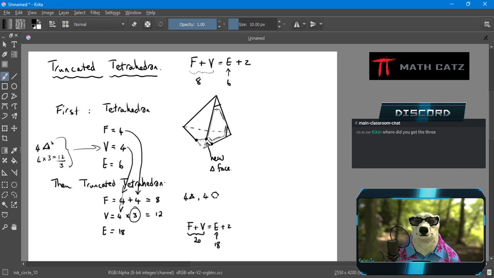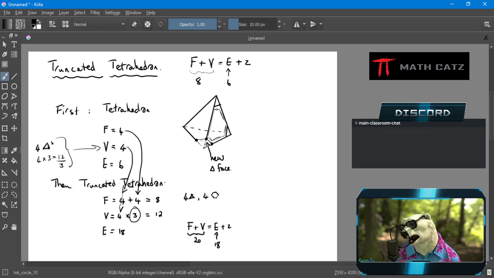And in doing that, I've created 3 vertices in my truncated tetrahedron instead of the 1 vertex in the original tetrahedron. And because originally there were 4 of these corner points, each one now becoming 3, it's 4 original times 3 gives me my vertices for the new truncated tetrahedron.